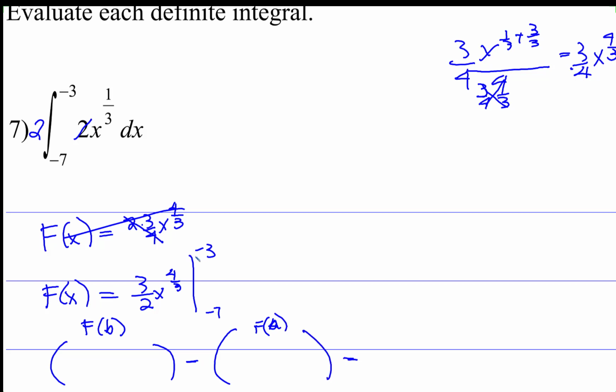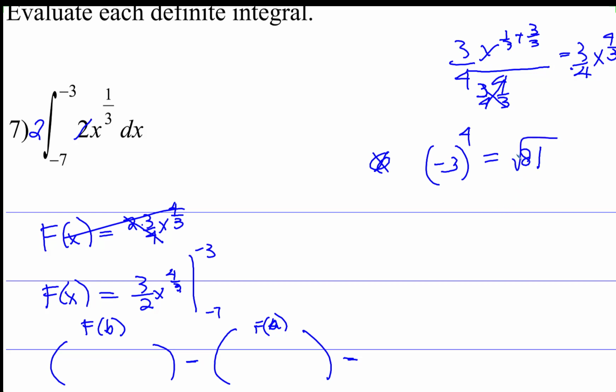So when we put negative 3 into this, well, negative 3 to the 4th power is 81. And then this denominator 3 means the cube root of 81.